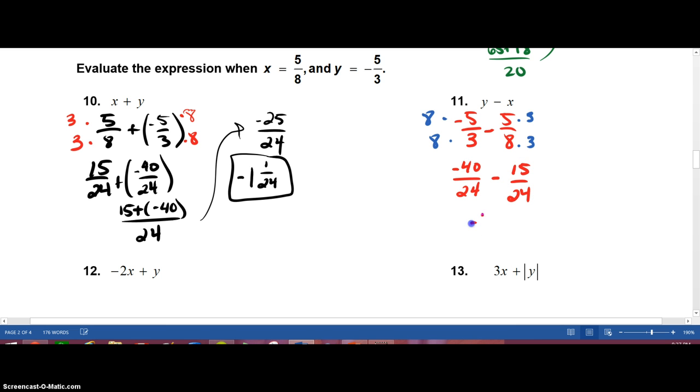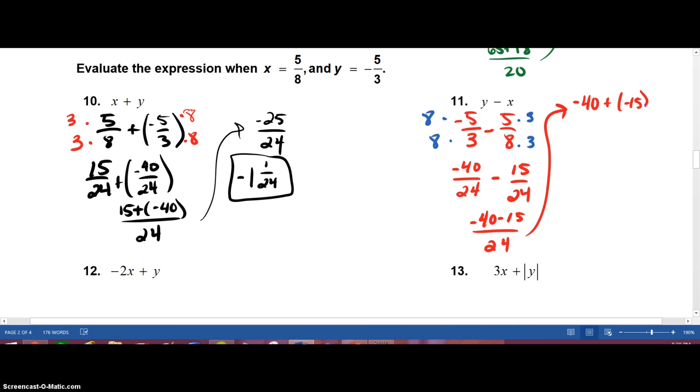So then we have negative 40 minus 15 over 24. I'm going to actually do a little mid-step. Some of you guys do not need to do this. You've told me this before, but I do want to show you how I'm getting the final answer for my numerator. It's just like saying negative 40 plus negative 15. A lot of you guys sometimes want to go in the more positive direction.